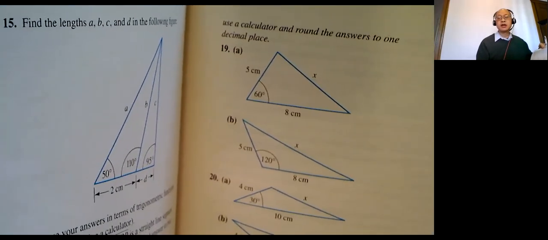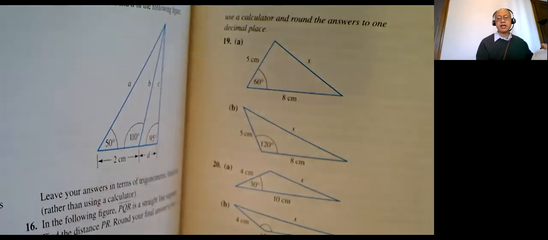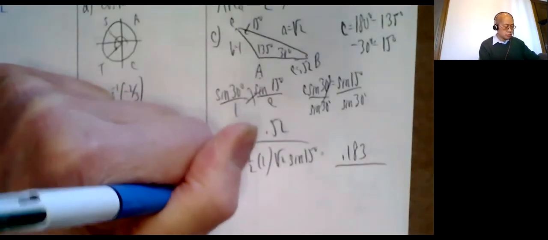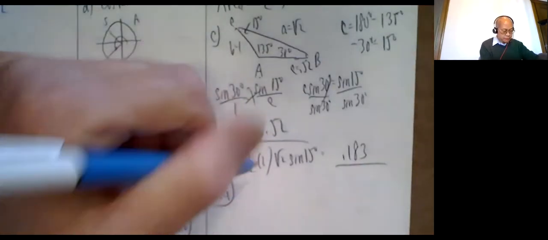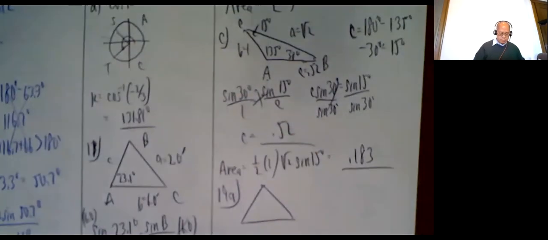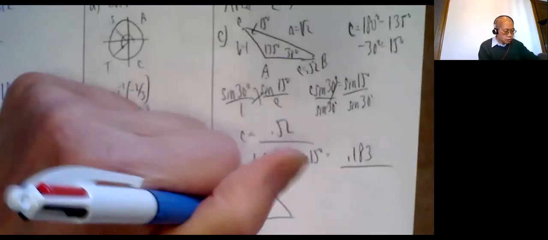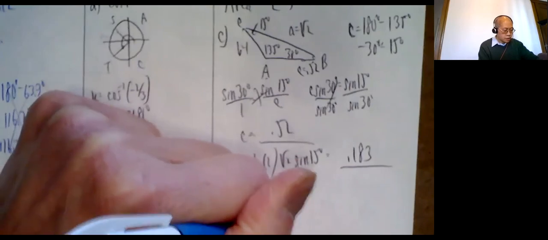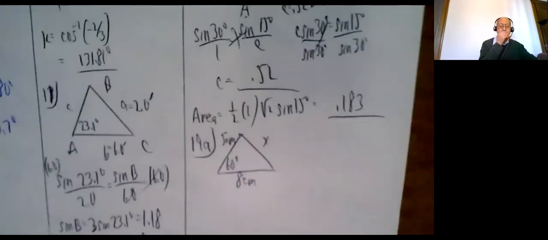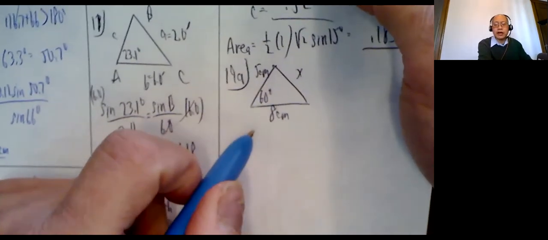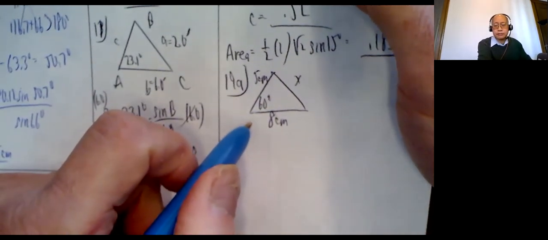Okay, 19. Well, they have 19A and B. I'll just do one of them, 19A: 60 degrees, 5 centimeters, 8 centimeters, X. Now, even though they give you this and they don't give you any letters, you can always sneak in letters.